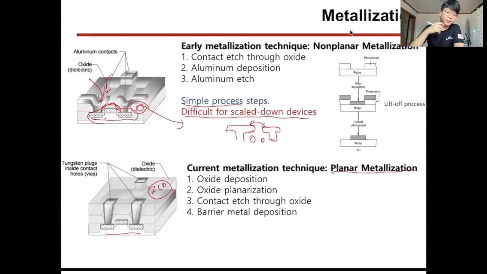Using the interlayer deposit, we deposit oxide films, and then we planarize with chemical mechanical polishing, and we etch through the contacts like source, drain, and gate, and then we deposit the metals on the side. When we deposit the metals, it should be very conformal to prevent voids in the contact.